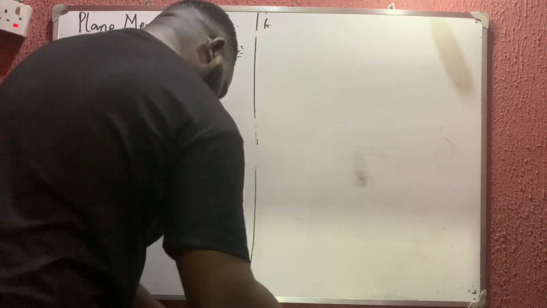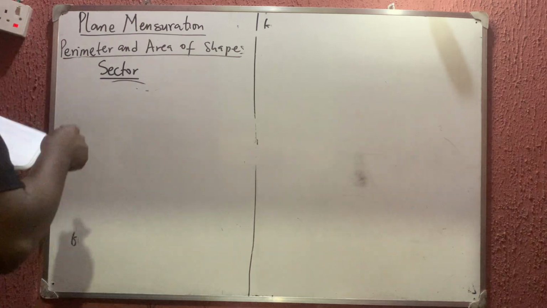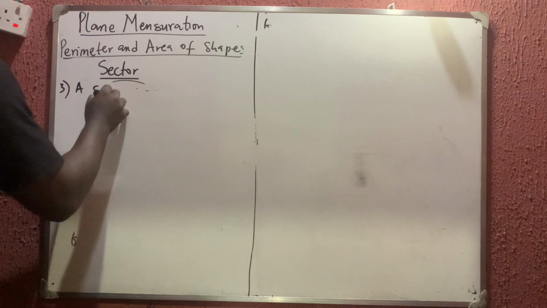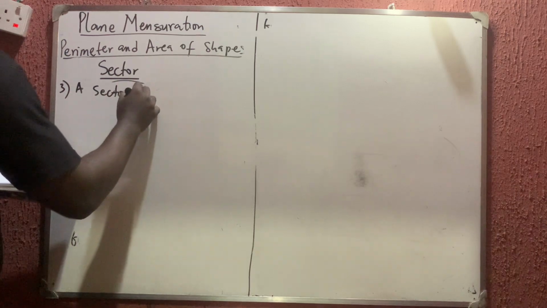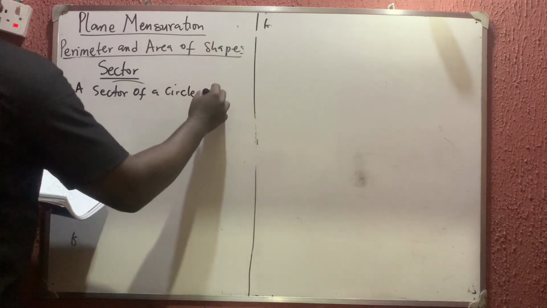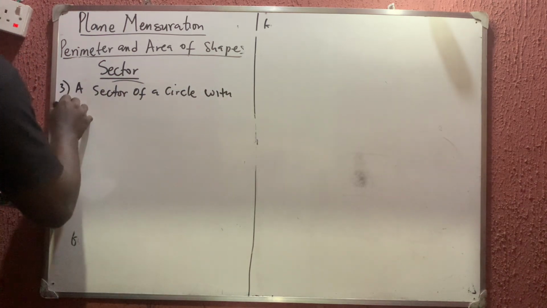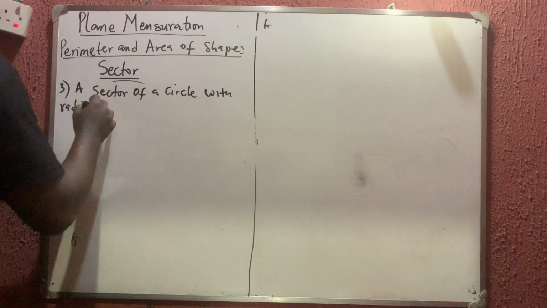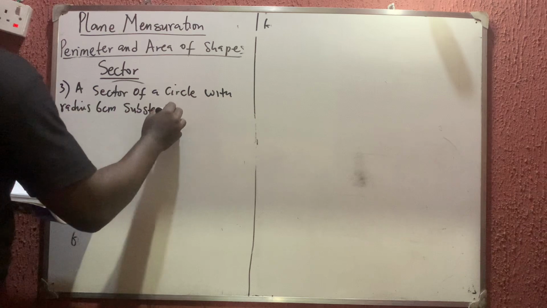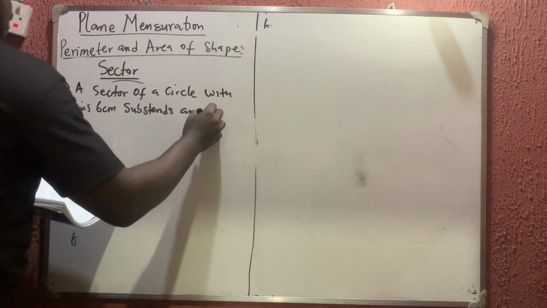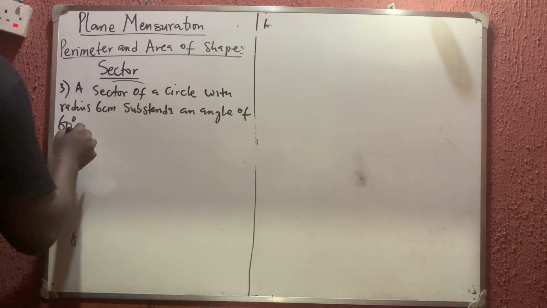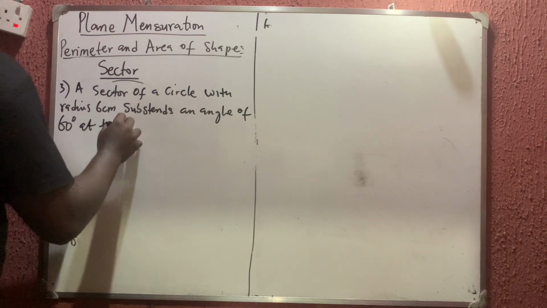So question number 3 said that a sector of a circle with radius 6 cm subtends an angle of 60 degrees at the center.